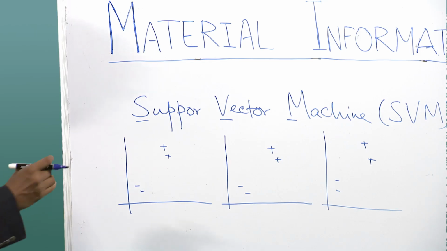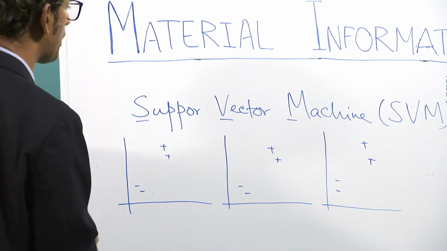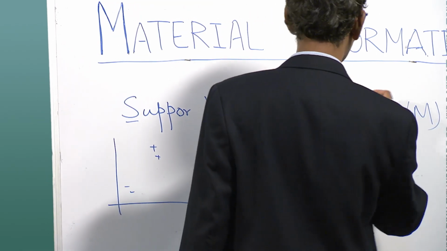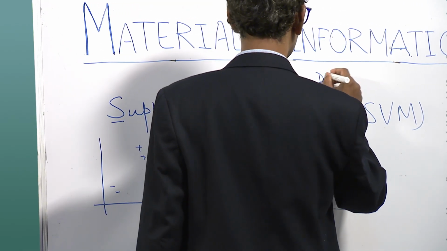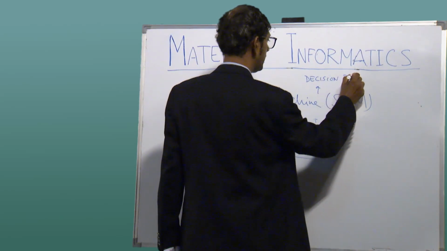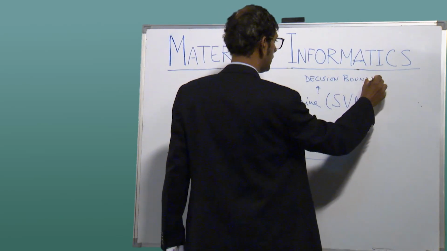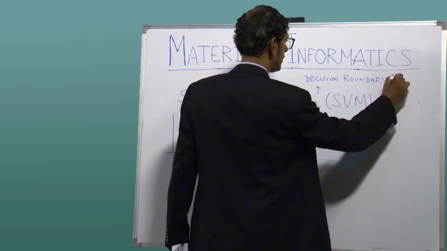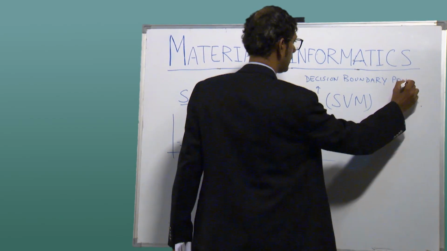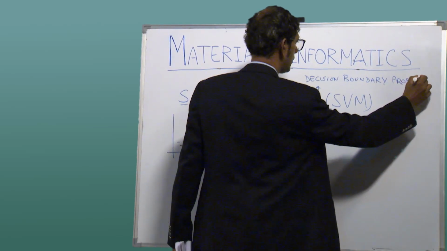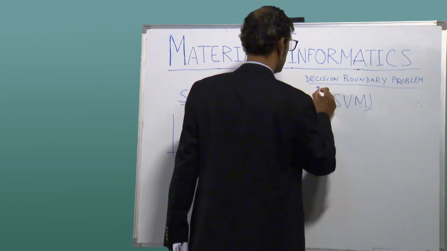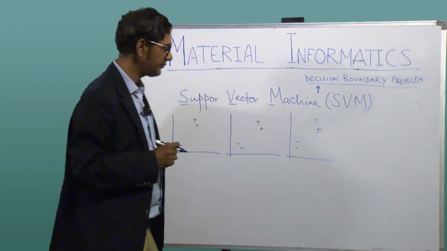Support vector machine is basically a decision boundary problem. Remember this. This is a decision boundary problem.